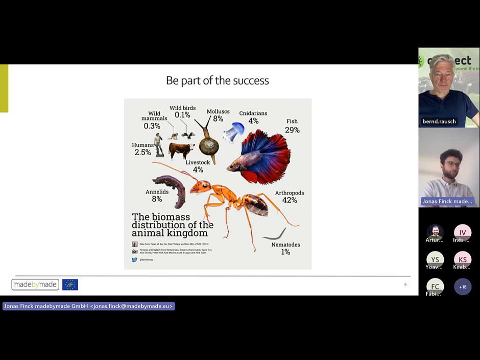And we see that many insect species developed interesting solutions for many niches. And I think we as a society can use this, and we should use this. And this is my motivation, where I started this project. I thought, okay, I want to use that know-how in a different area.